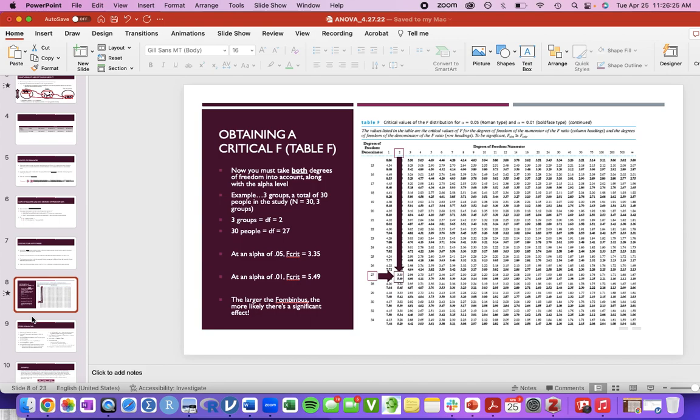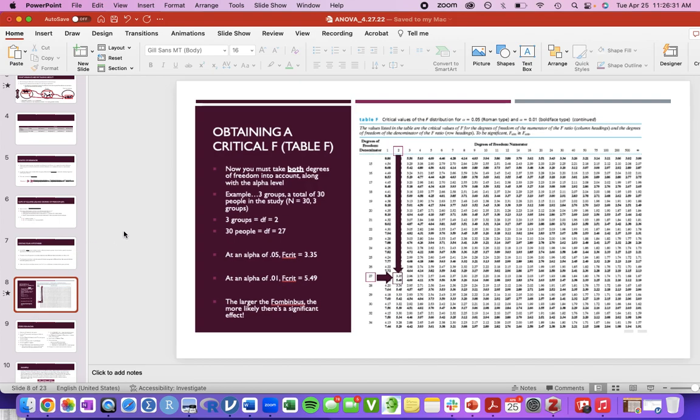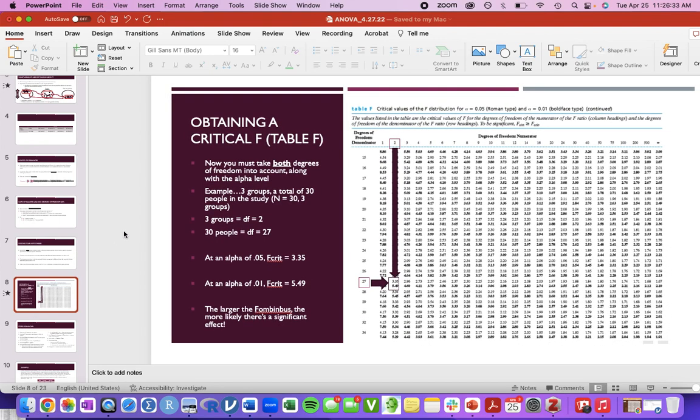Now, when we find our degrees of freedom here, we are going to be looking at a new table. So now we have our F table. It's a little bit hard to see. When we calculate our critical values, we need three pieces of information.